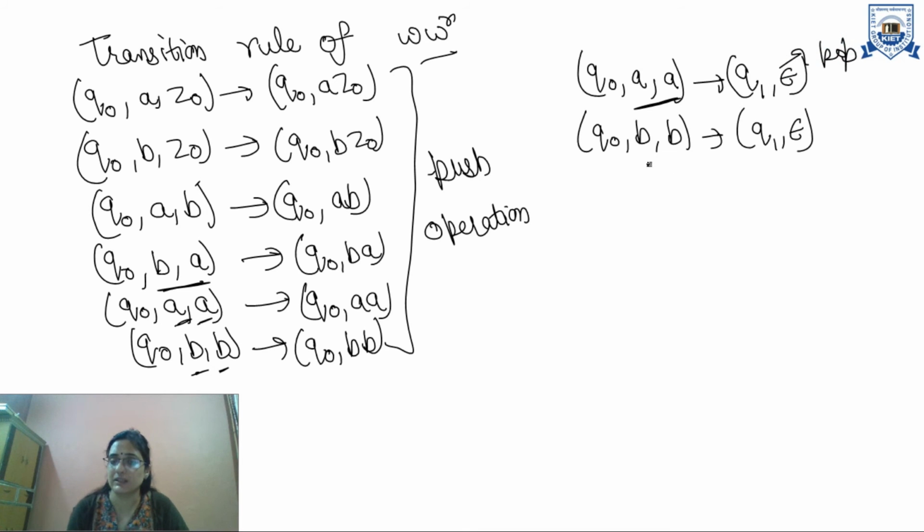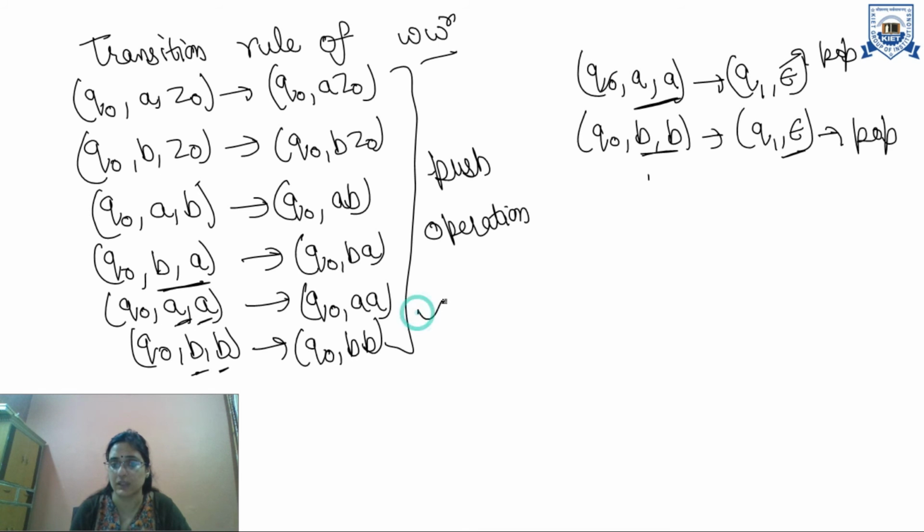And it may be possible that the string starts with B. If the input symbol is B, top of the stack is B, then again I am going to perform the pop operation. It's fine. So here I think now you are able to understand that this one is a non-deterministic pushdown automata, because for same input symbols, I am going to perform more than one operation.